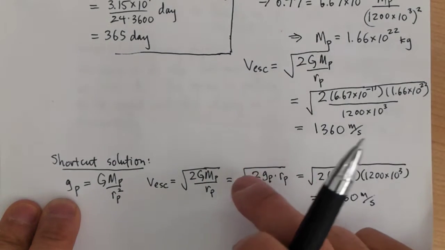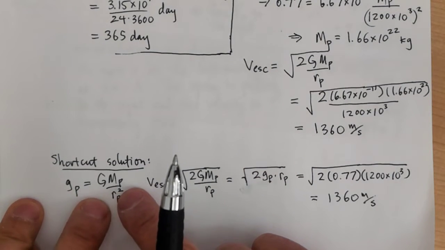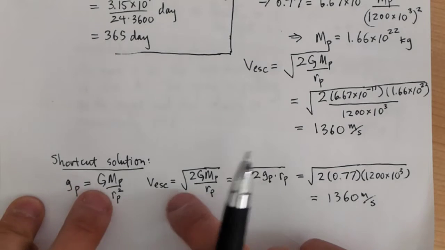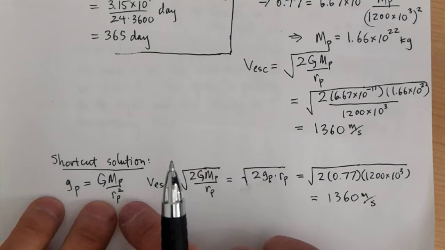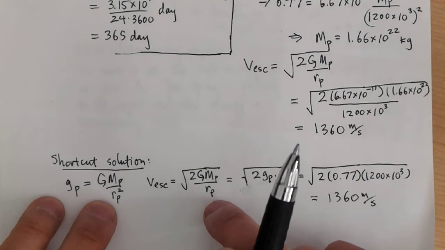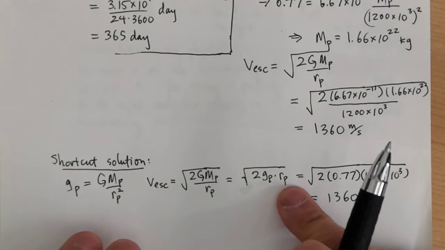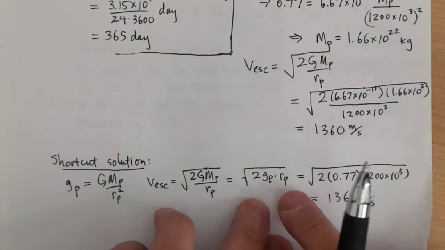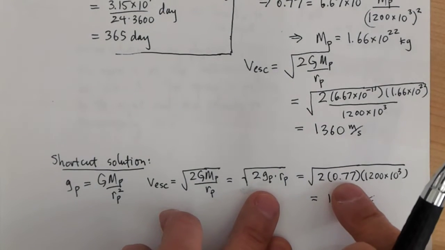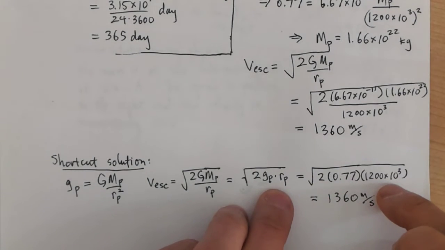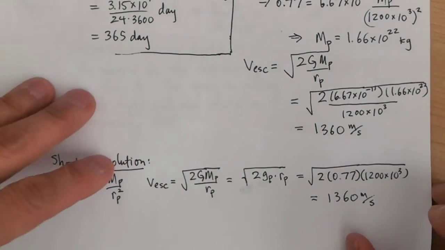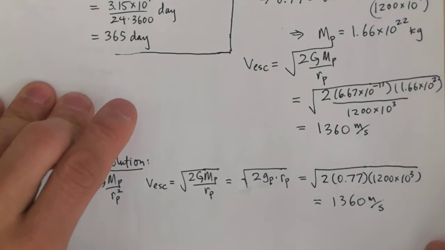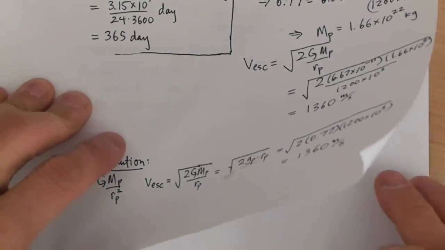If I just take 2 times small g_P, I get almost what I need, but then I need to get rid of this R_P squared and convert it to just R_P to the first power. So if I multiply by R_P, this will be exactly my formula for the escape speed. So now I have the square root of 2 times small g_P times R_P, and that comes out to 1,360 meters per second.